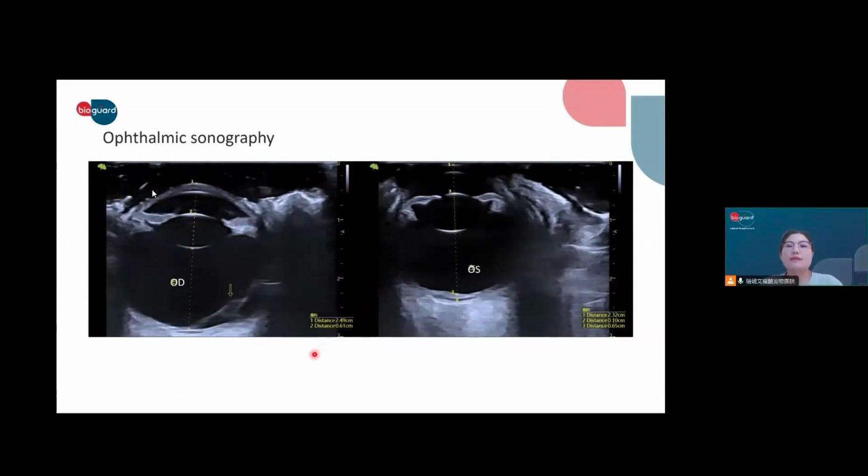Is that because of the enlargement of the eyeball itself, or a mass or something pushing the eyeball from behind? We need to figure out this question. We performed ultrasonography to figure out what happened.